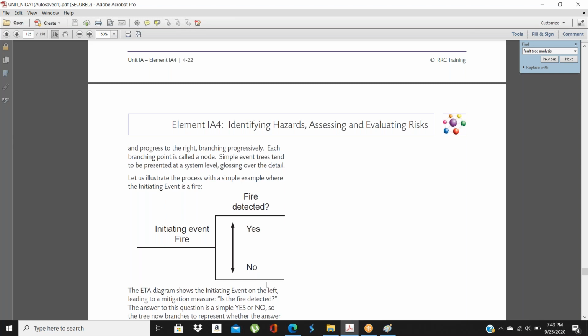Okay, now the fire is detected. Now we will discuss this later. So all these events basically give you the consequences of the accident, and each event is based on yes and no. If yes, what do we do next? If no, just go directly to the consequences. Okay.